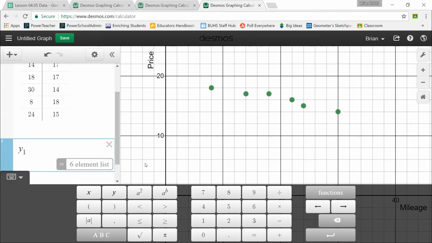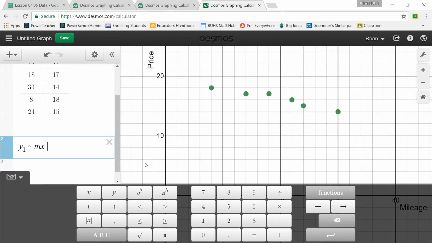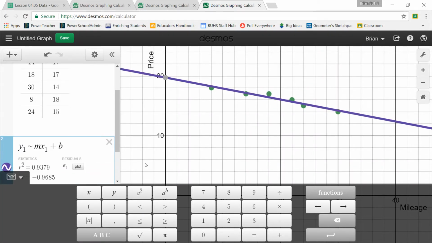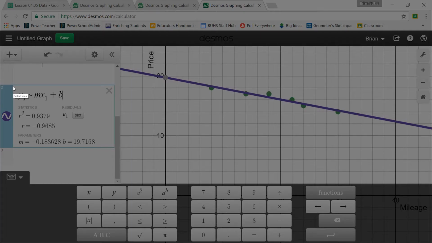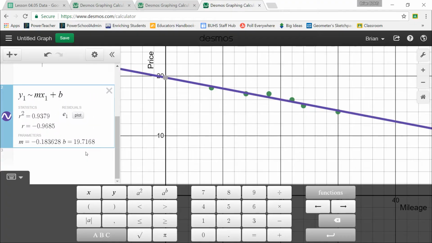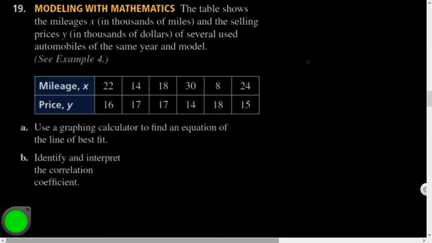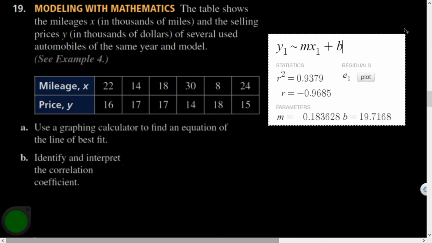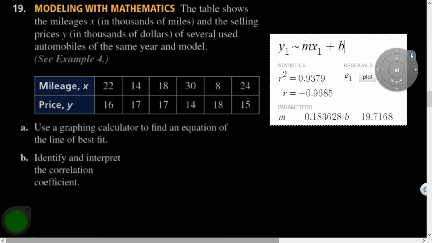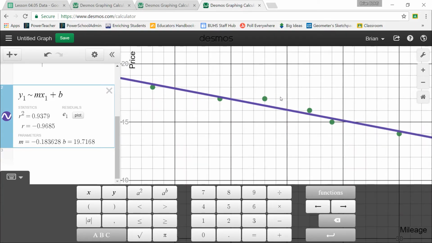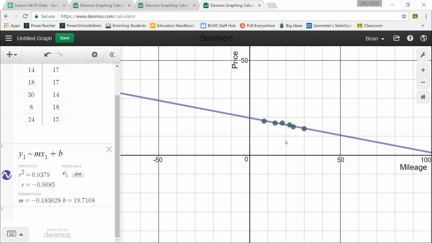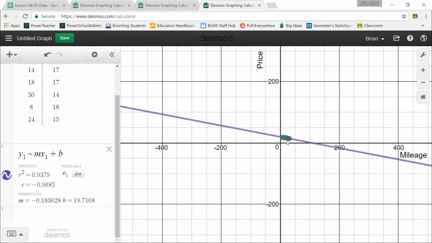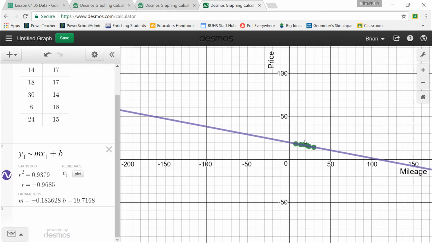So let's do the Y1 tilde M X1 plus B. There's our equation. All right, let's take a snapshot of that. Was it a perfect hit? Oh, no, not quite. It's close. The further out I go, the more closely it'll appear, but yeah.